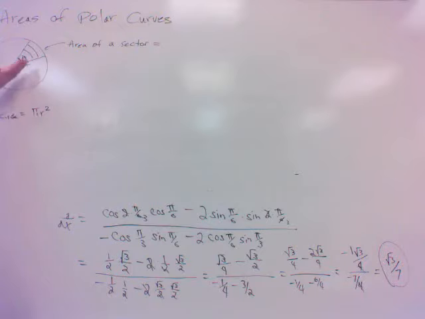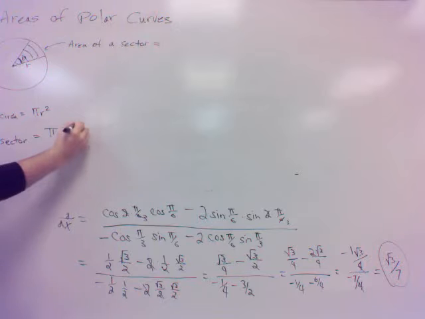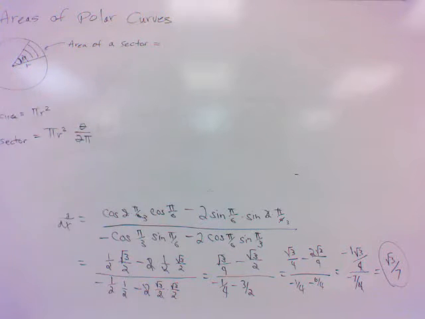Isn't that one way we can think of it as a ratio? It's theta over 2 pi, the part of the circle. So I've got pi r squared, but then I've got to multiply it by the portion of the circle, so whatever theta is divided by 2 pi.